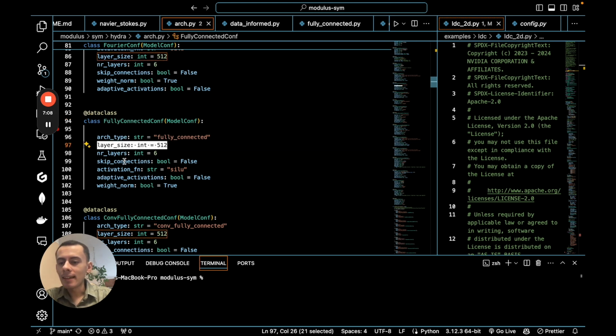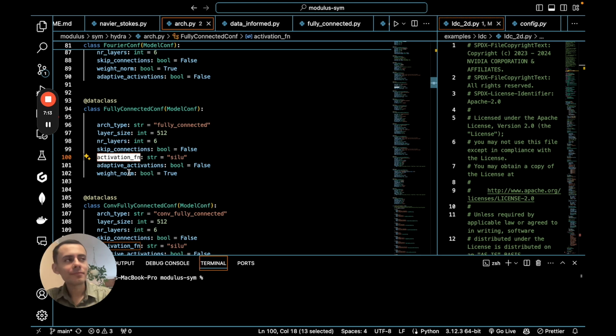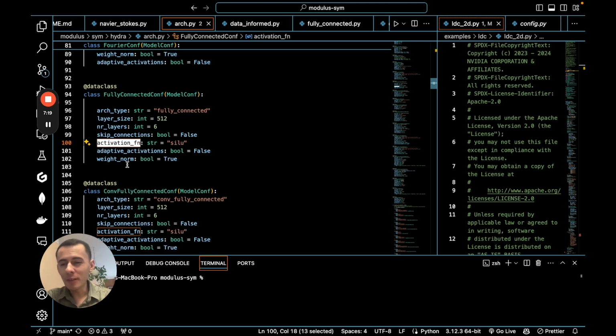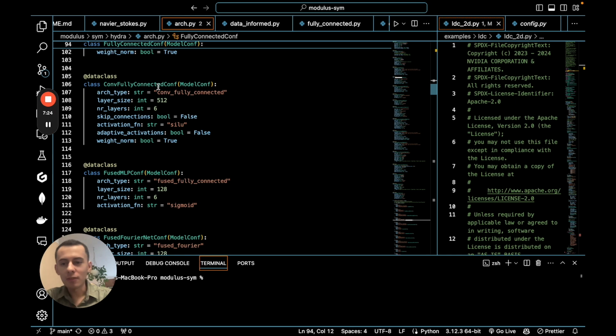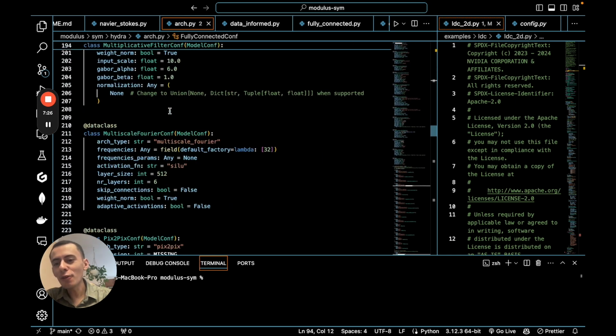It has layer size and a lot of activation function options. If you learn about neural networks, you're going to learn about activation functions as well, but here we're just following along with this one that is pretty fine for us. There's also the convolutional fully connected configuration, and there are so many here.